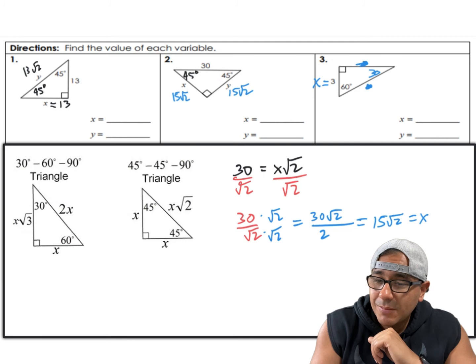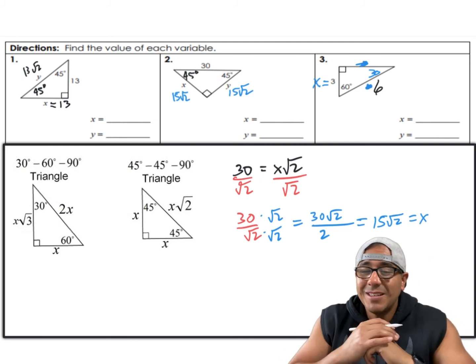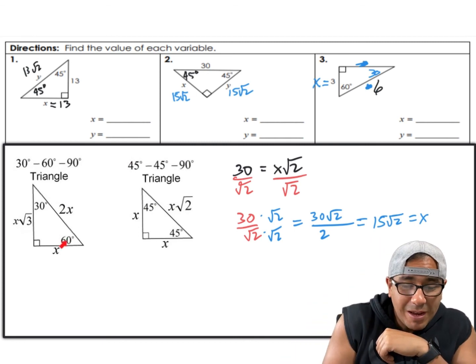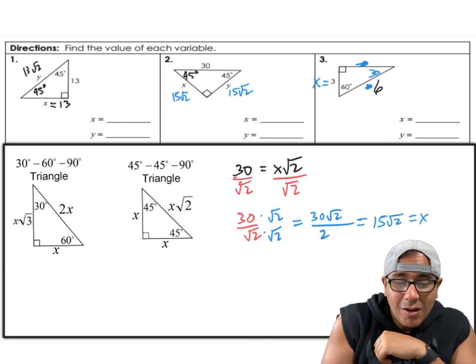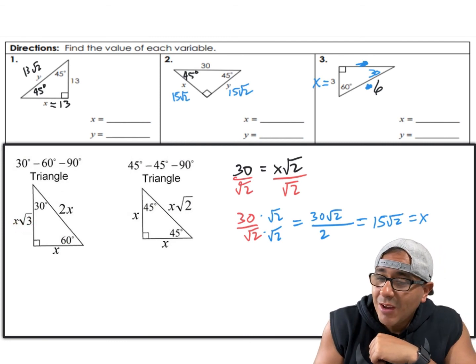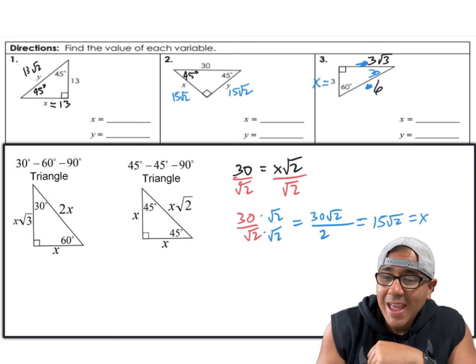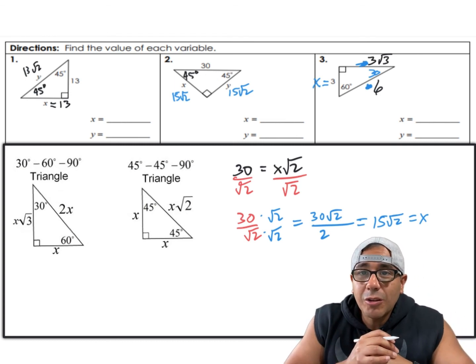And what's awesome, in addition, is across from 60 degrees, all you do is put your x value and attach the square root of 3 to it. Our x value is 3, so we attach 3 square root of 3 next to it. And you're done. Now we have all 3 sides.